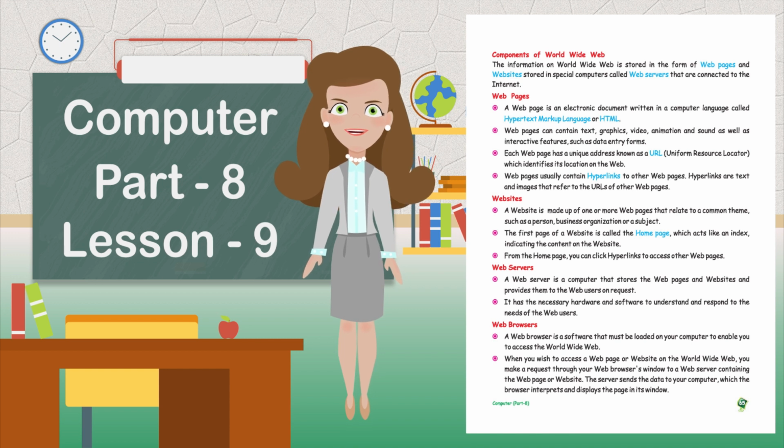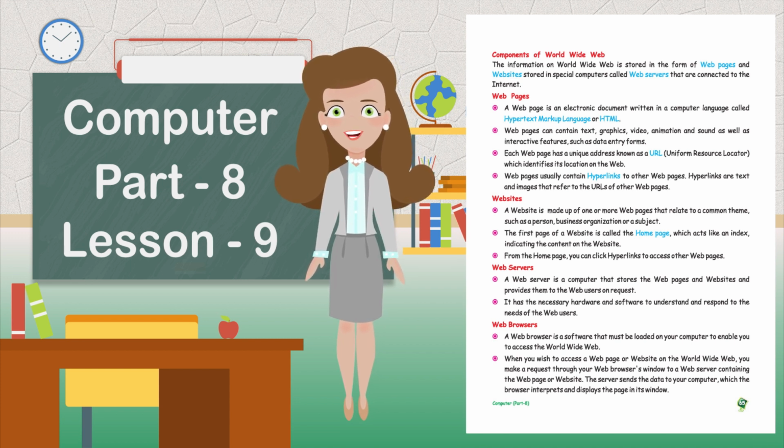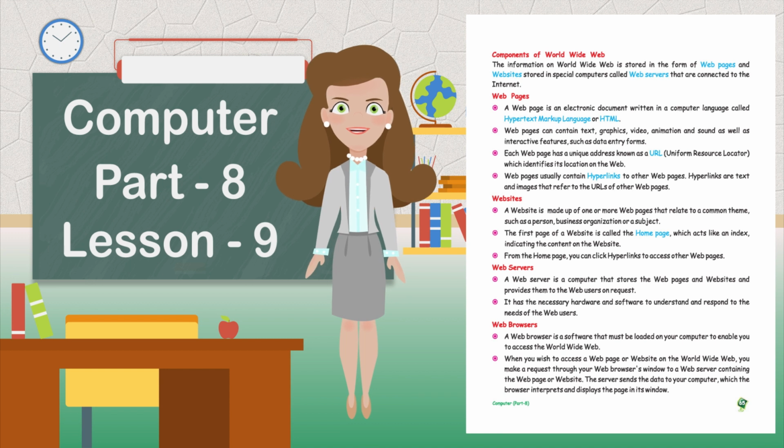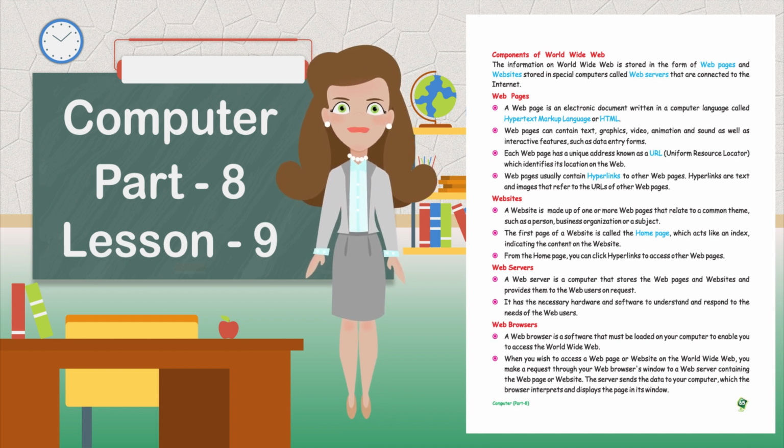From the home page, you can click hyperlinks to access other web pages. Web servers. A web server is a computer that stores the web pages and websites and provides them to the web users on request. It has the necessary hardware and software to understand and respond to the needs of the web users.